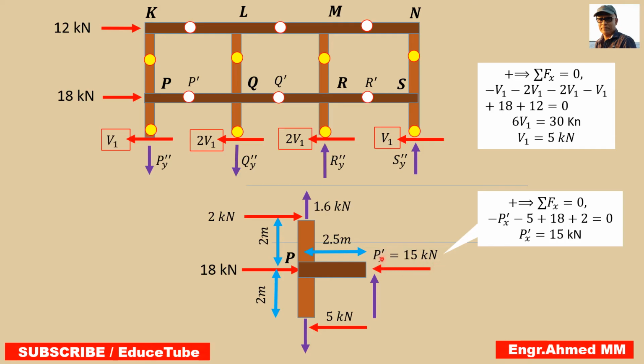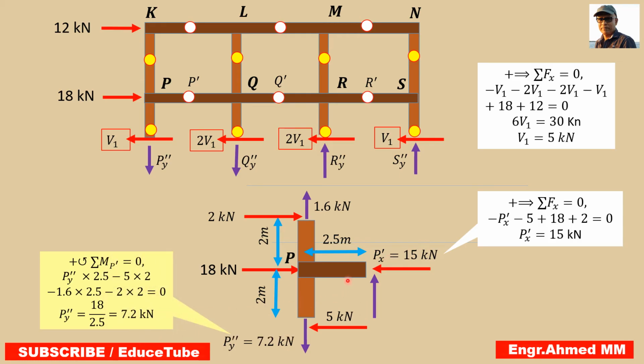We are taking minus because the right direction we took as positive. So this minus, then minus 5, plus 18, plus 2 equal to 0. So P prime X we got here is 15. So we are done with horizontal components. Now let's look at the vertical ones. We have to find this one first. To do this, we have to take moment about this point P prime. So let's do that.